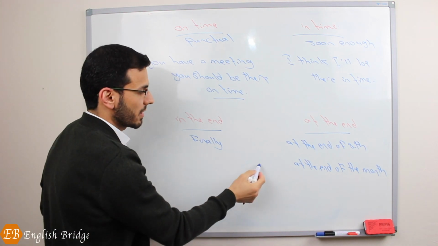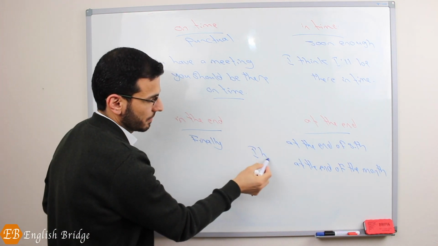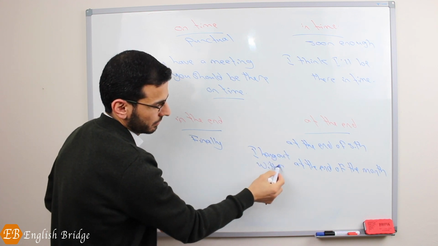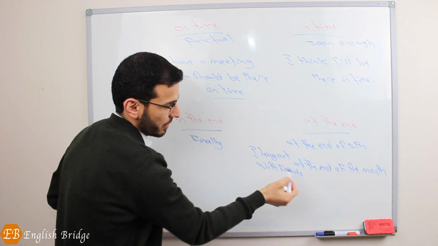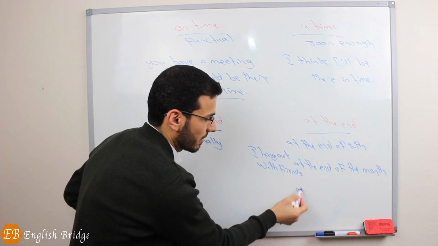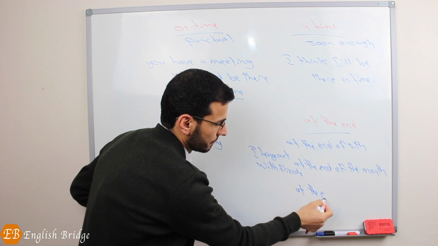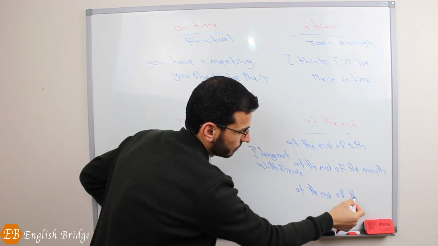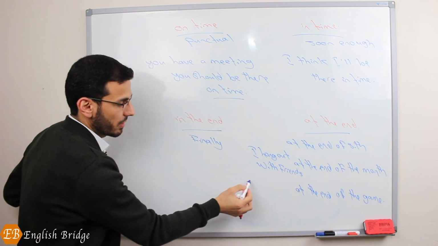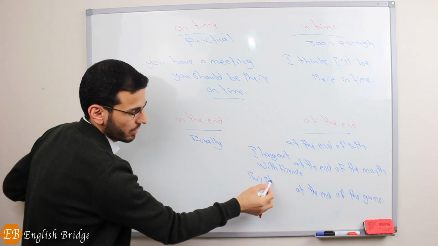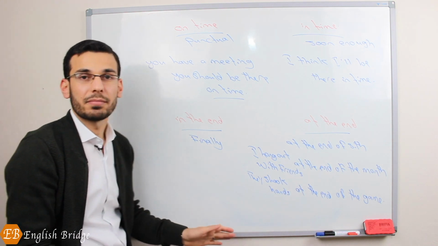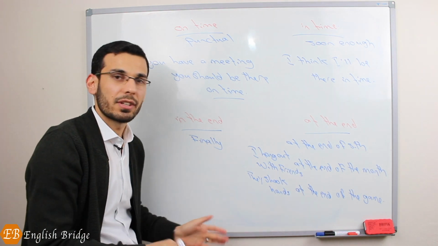So for example, we can say I hang out with friends at the end of the month, which means the last few days of the month. You can say, for example, at the end of the game. For example, they shook hands at the end of the game. So, when the game is over.